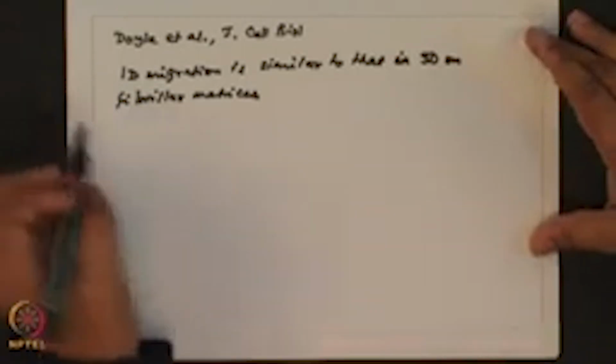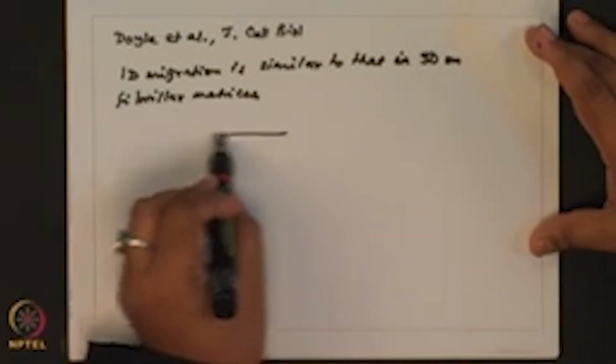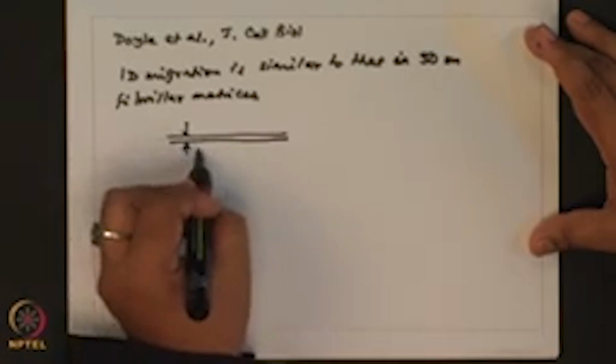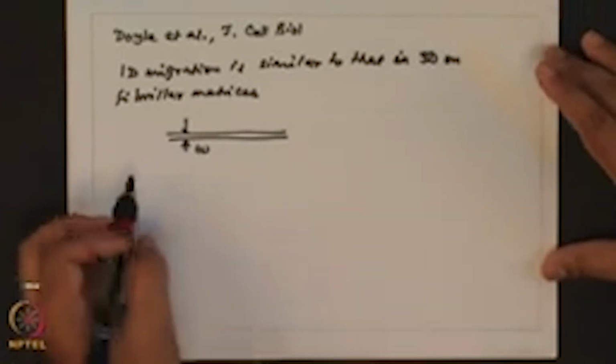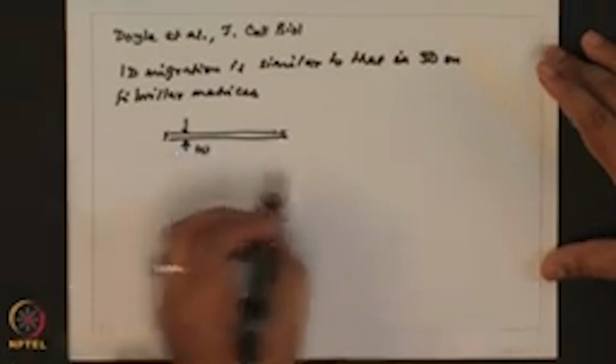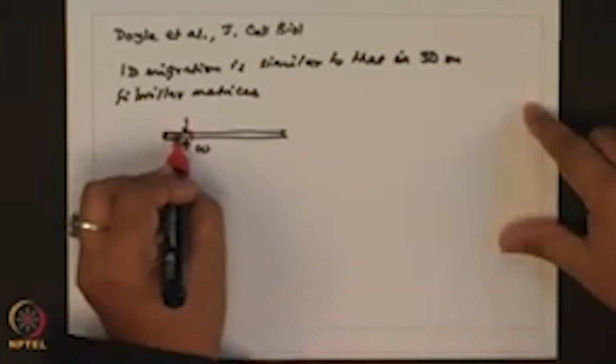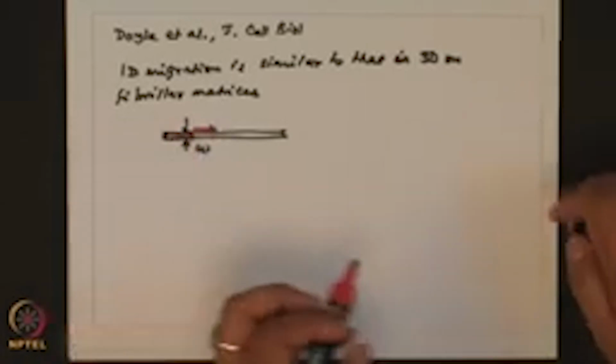So, how did they go about doing that? They patterned lines which varied in their width W. You plate cells on top of these lines and track their migration.